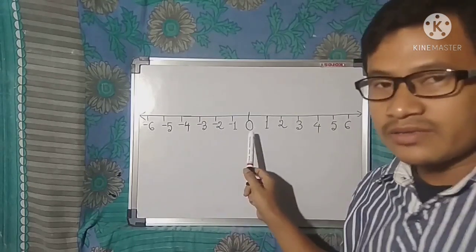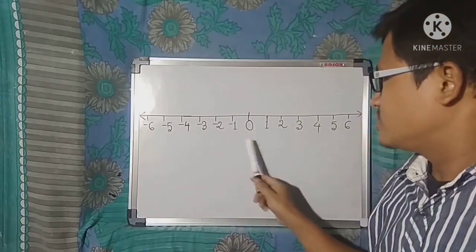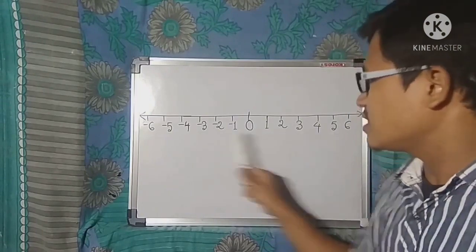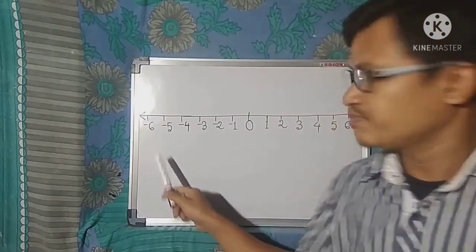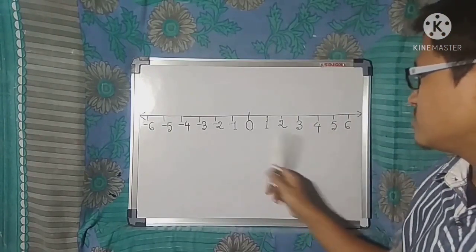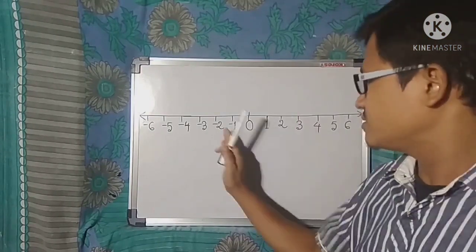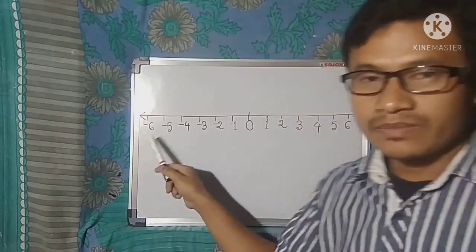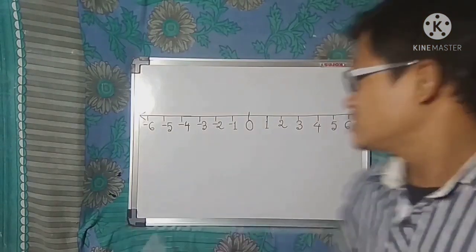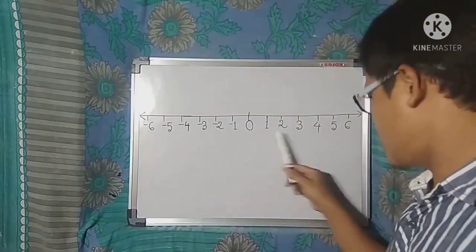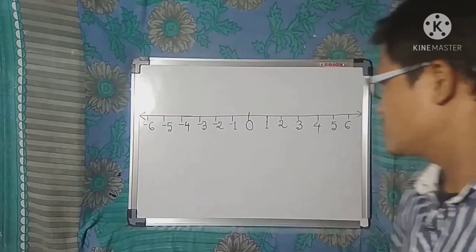And 0 lies just between natural numbers and the negative numbers. On the left side of 0 there are negative numbers, and on the right side of 0 there are natural numbers.